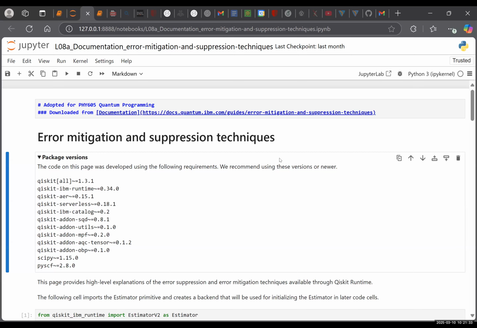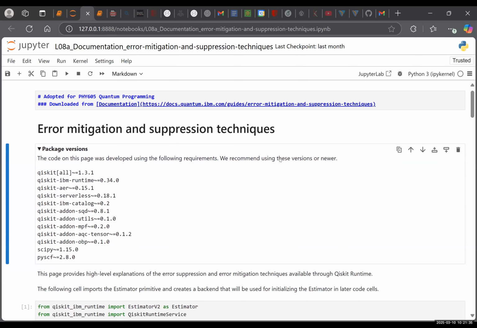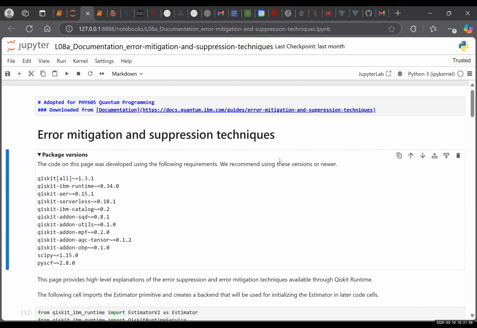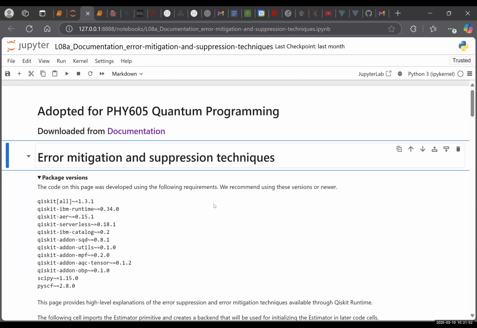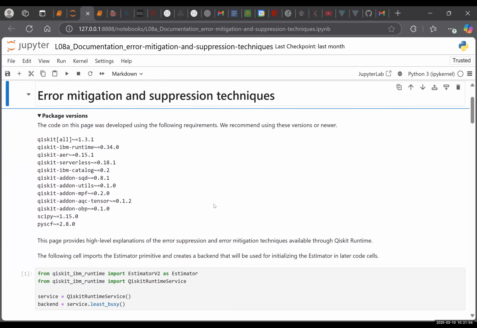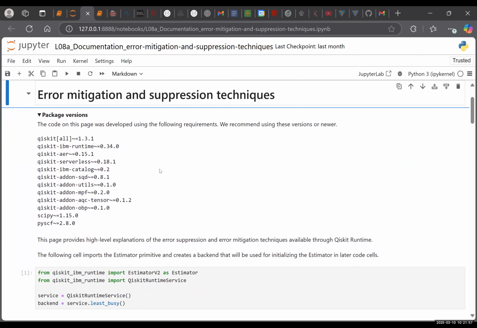This kind of suppression, dynamical decoupling, was used in nuclear magnetic resonance quite a lot. So this is the notebook from the documentation. They talk about some package requirements.